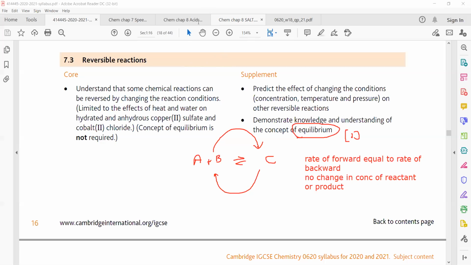But if the rates are not equal, for example, if 2 grams of A and B are forming C, but at the same time only 0.5 gram of C is forming back A and B, this is not in equilibrium. If it is not in equilibrium, then we use the term equilibrium is shifted. Where is the equilibrium shifted, right or left? Which rate is faster?